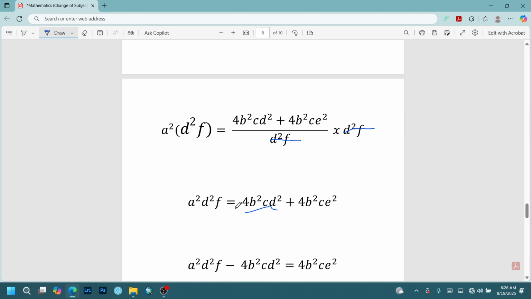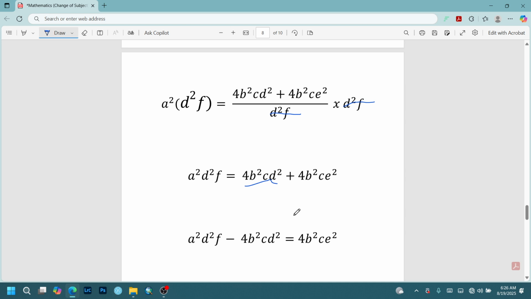So it will change to become a negative variable or number, right? And we would maintain 4b squared ce squared because it is an unlike term, and it doesn't have a d component in it, right?